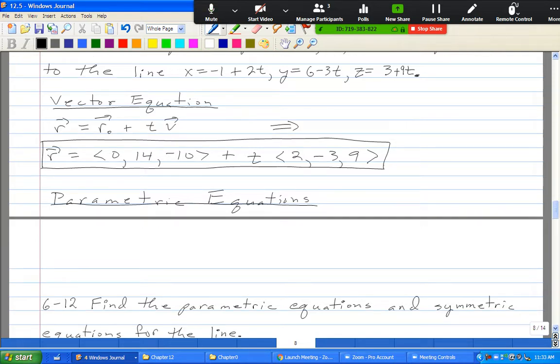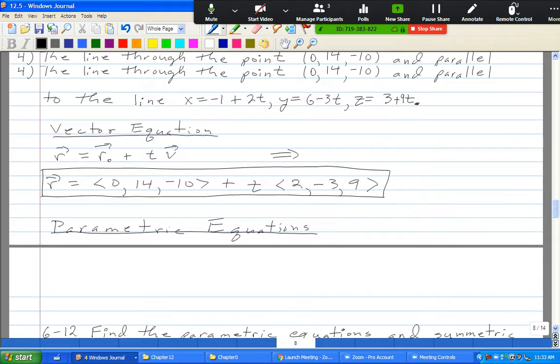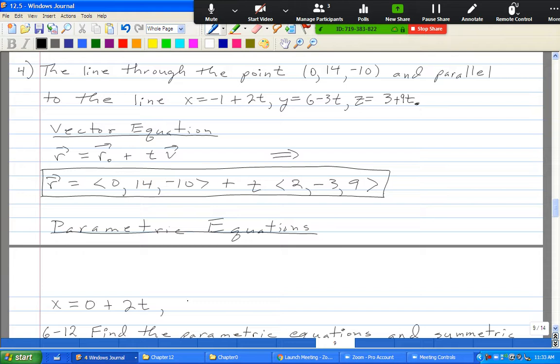Okay, so let me just write them all on one line. So x is equal to, well, we start at 0, and we have a direction of 2. We start at 14, and we have a direction of negative 3.